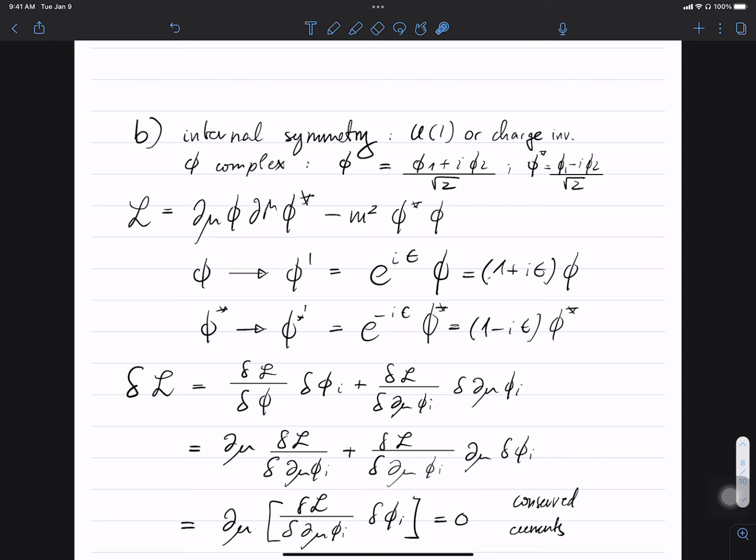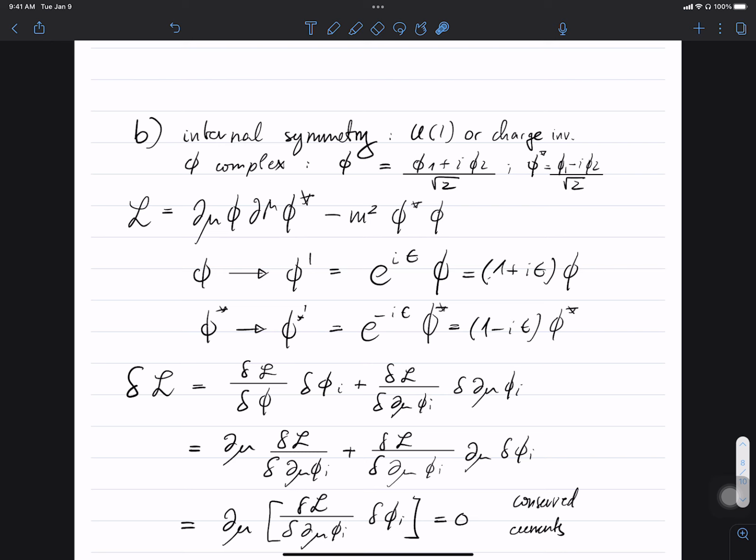Now we can apply the simplest unitary transformation, the U1 transformation, so the transformed field phi prime is just e to the i epsilon times phi, where epsilon is some parameter.